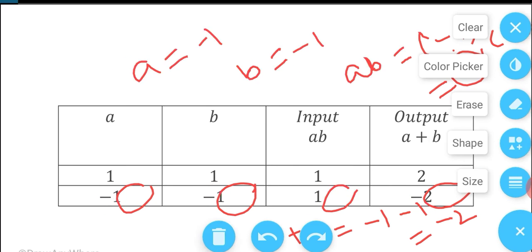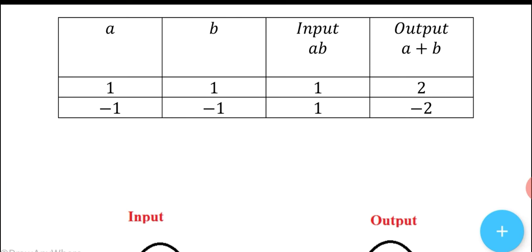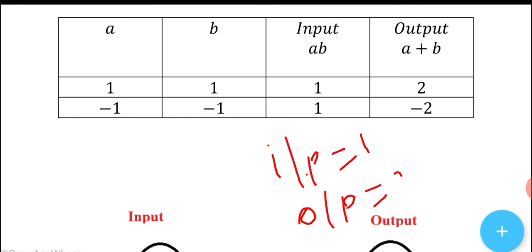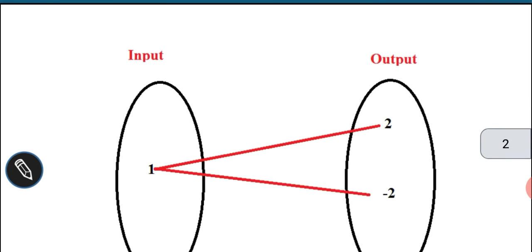So now we have input as 1 and outputs 2 comma minus 2. So 1 is related to 2 and 1 is related to minus 2. Let us represent it in an arrow diagram.